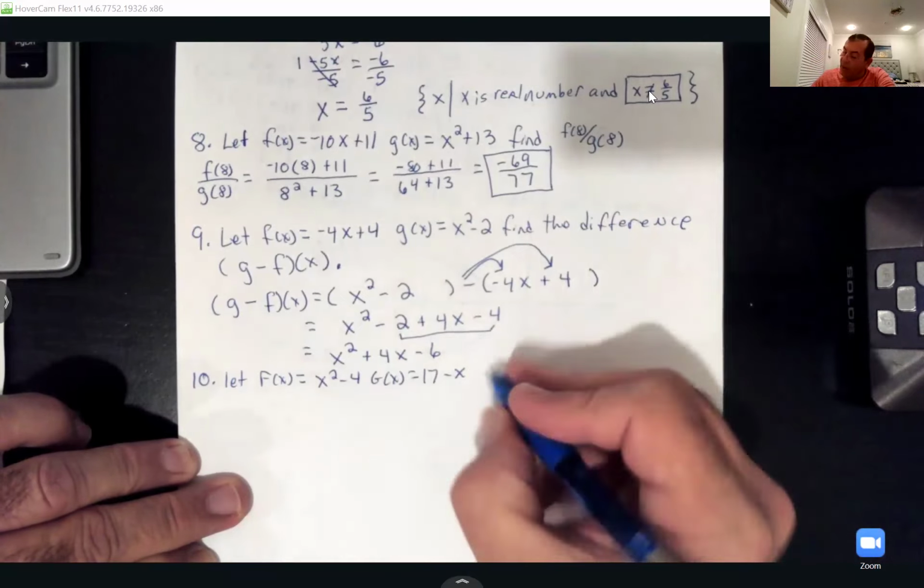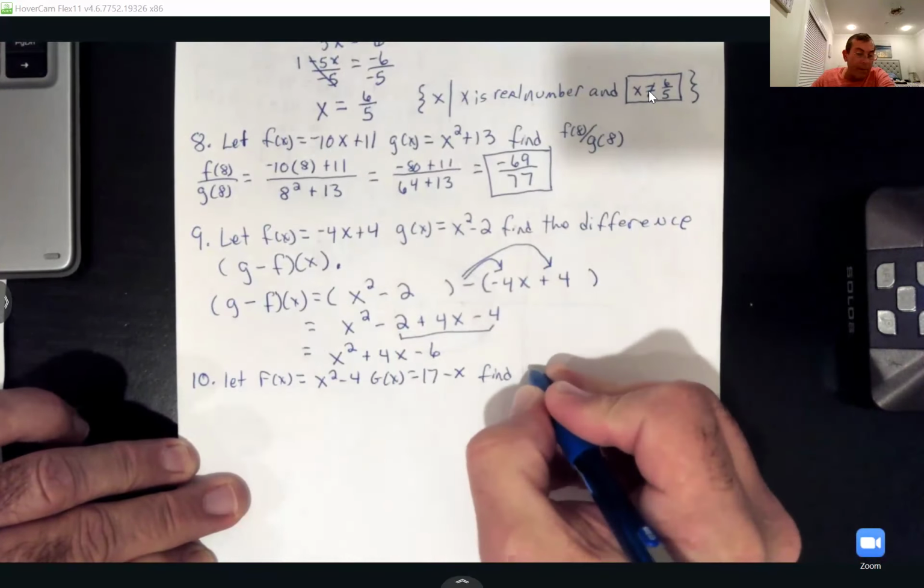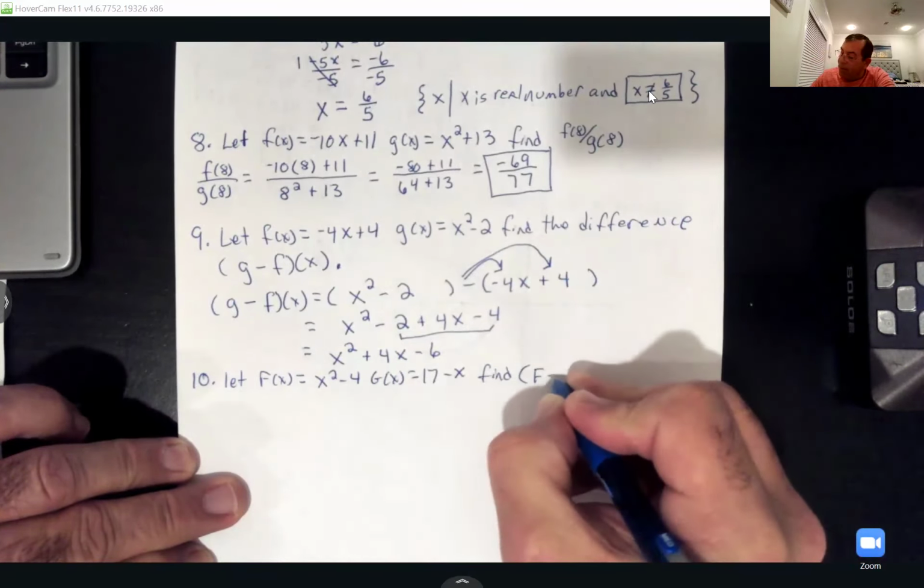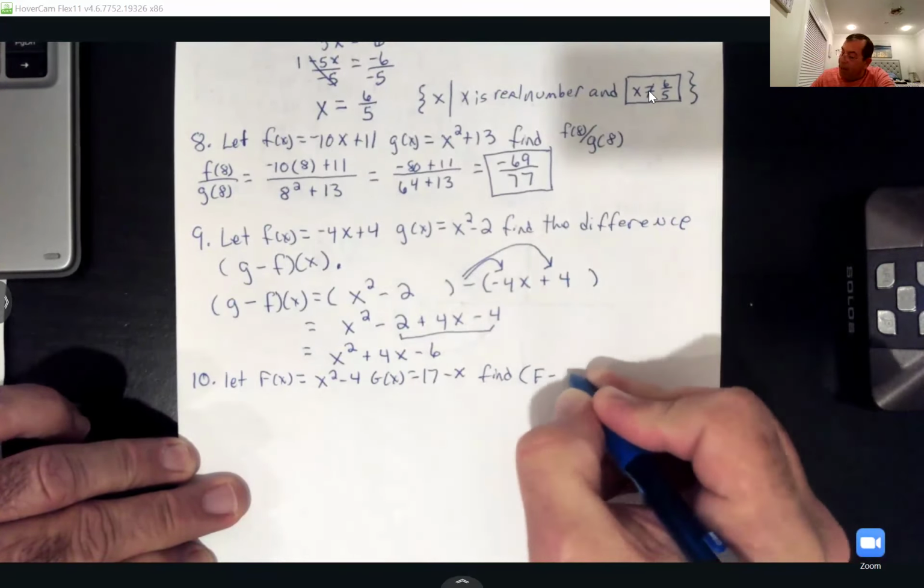They want us to find f minus g of 7. So they're giving us a number to put in this time. I'll work it the same way as here, except I'm going to put my numbers in, okay?